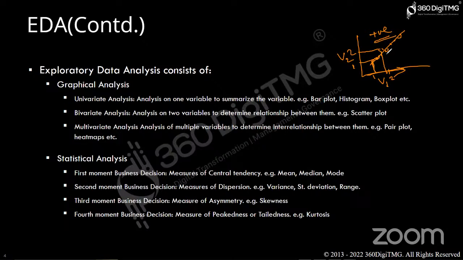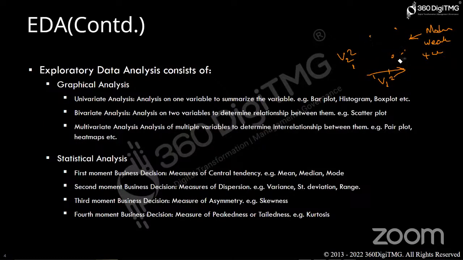If our data points lie closer to this line, it will be a strong positive relation. But suppose our data points are more dispersed, then it will be a moderate or weak positive relation, a positive correlation. This is for positive.